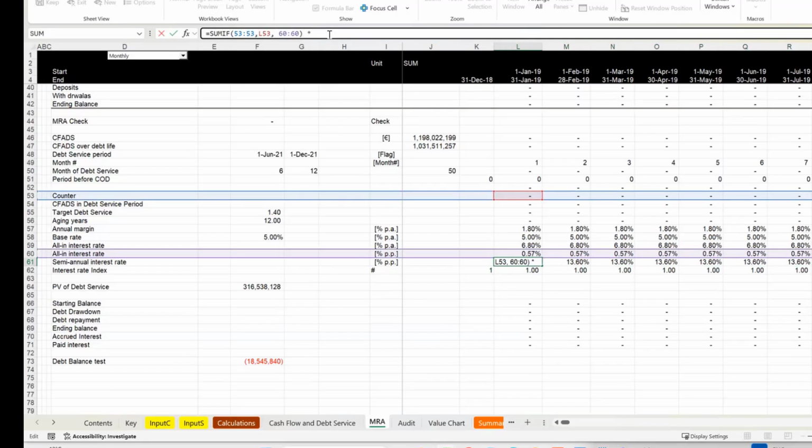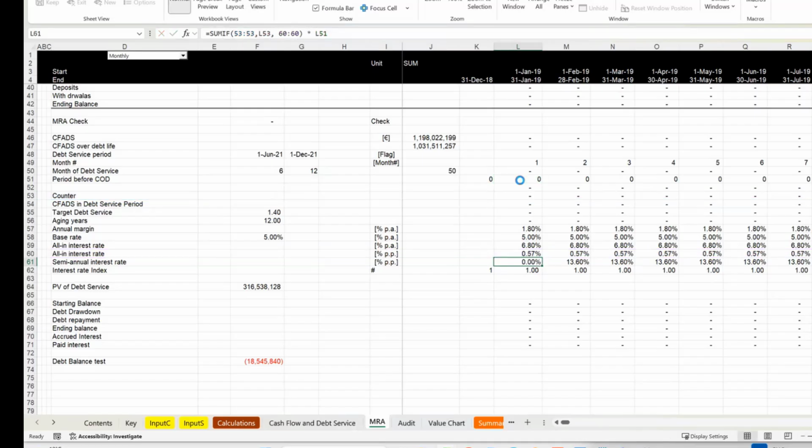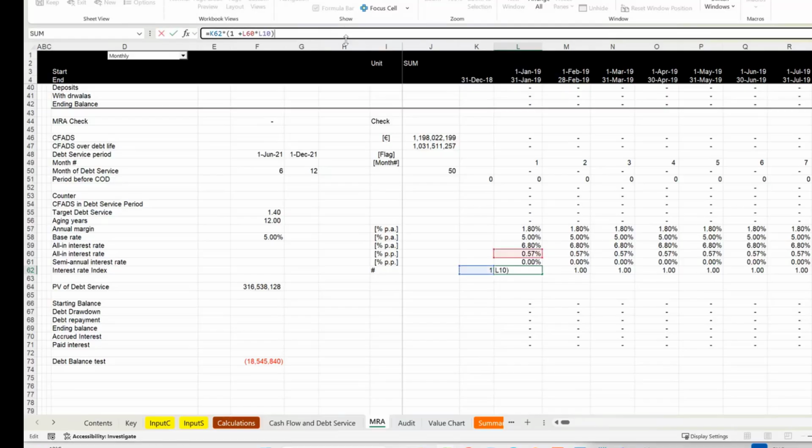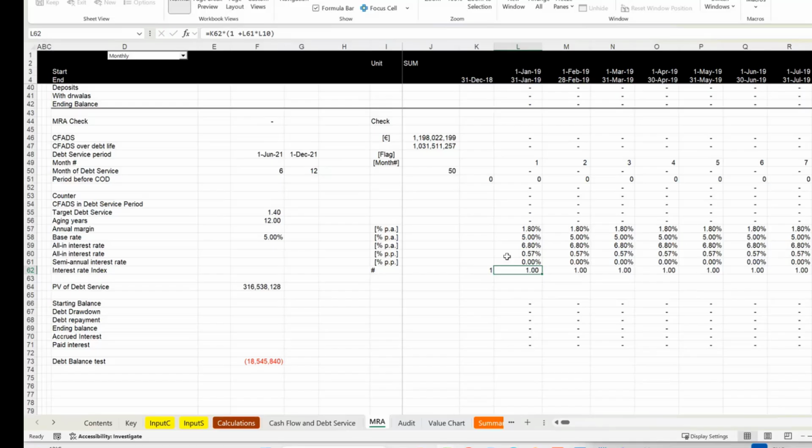Period of repayment, which is just repayment, line 50. I think it's 50. Okay, percent. Now go down to that interest rate index, use the one just below, press enter and copy that.